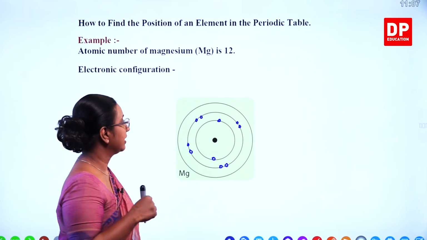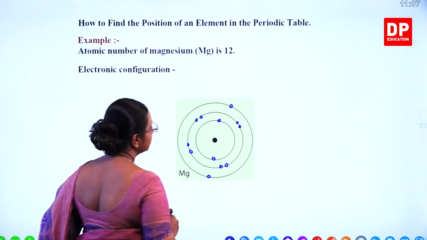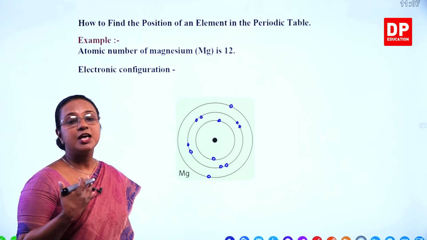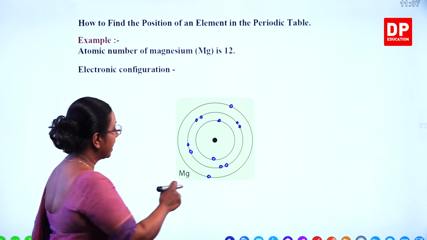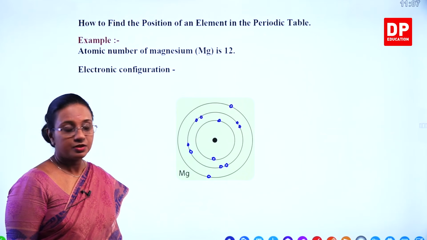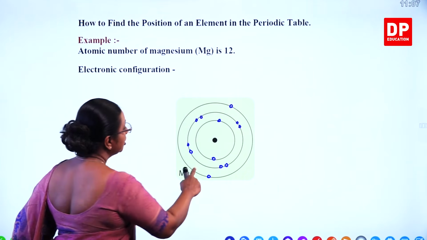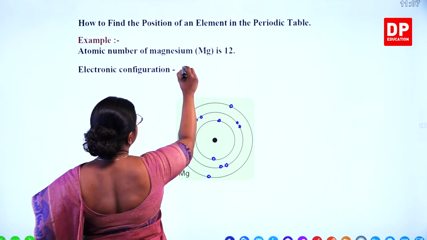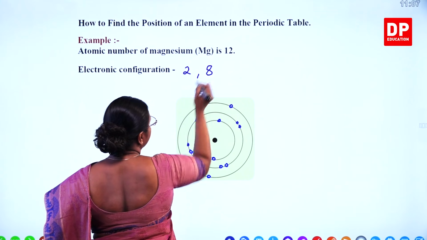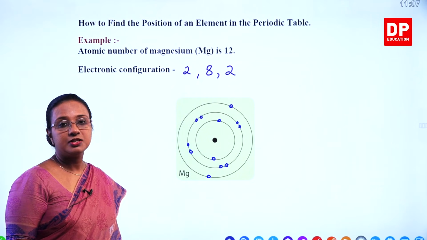There are 2 more electrons. They will again go into the last energy level or the outermost energy level, or what we call as valence shell. And these 2 electrons are the valence electrons. So, the electronic configuration of magnesium is 2, then 8 in the second shell, again 2 in the third shell.